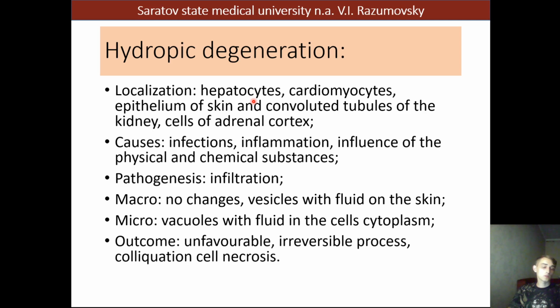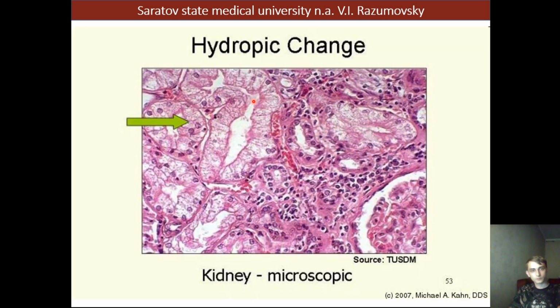Macroscopically, most often you couldn't find any changes, but on the skin you will find vesicles with fluids. You will see it in burned people. You may see it in herpes vesicles. Microscopically, we can see big accumulation of vacuoles with fluids in the cell cytoplasm. The outcome is unfavorable, an irreversible process which leads to coagulative necrosis of the cell.